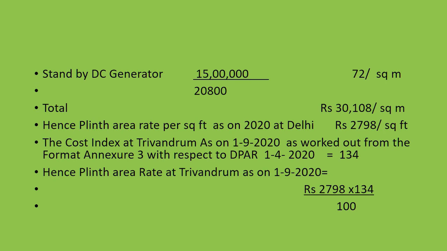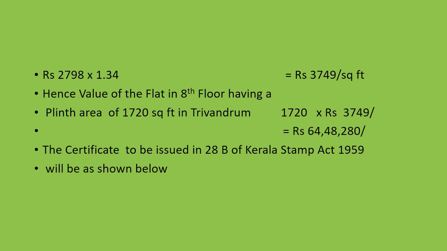Hence, the plinth area rate at Trivandrum as on 1/9/2020 is equal to rupees 2,798 into 134 divided by 100, which is equal to rupees 2,798 into 1.34, which is equal to rupees 3,749 per square foot.